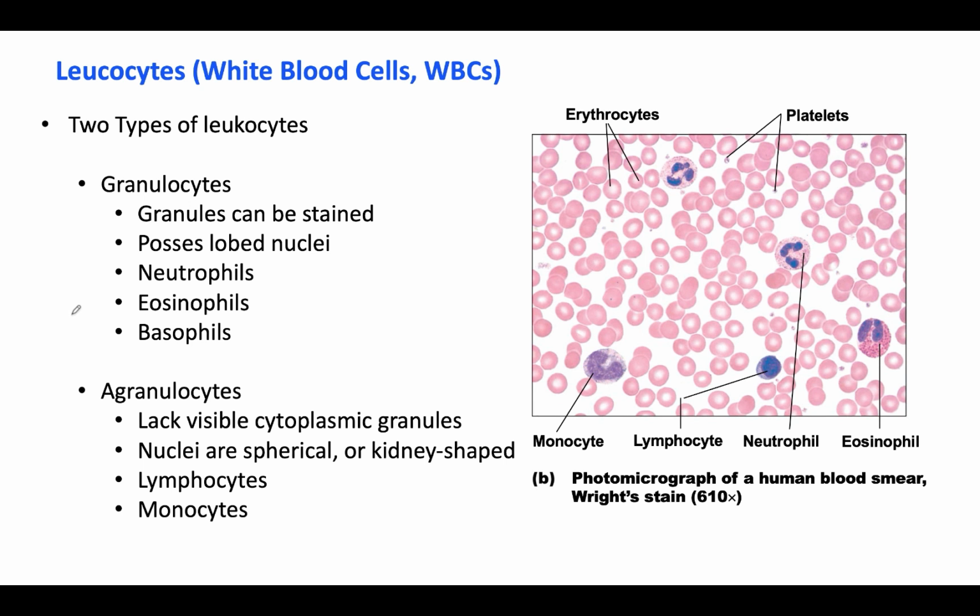The main difference between granulocyte and agranulocyte is the presence or absence of granules. Neutrophil, eosinophil, basophil belong to granulocyte, whereas lymphocyte and monocyte do not have cytoplasmic granules. Therefore, they belong to agranulocyte. A means no granule.